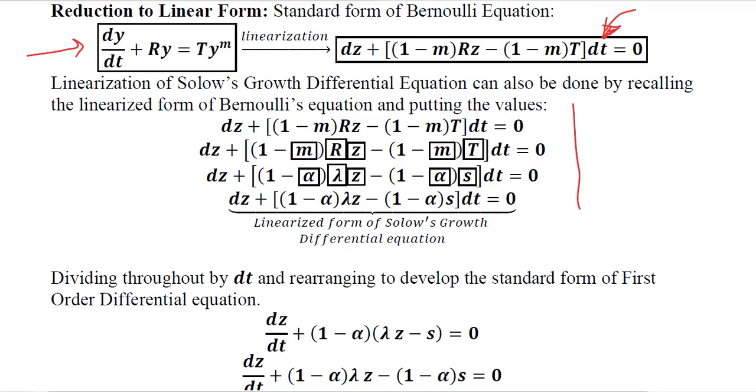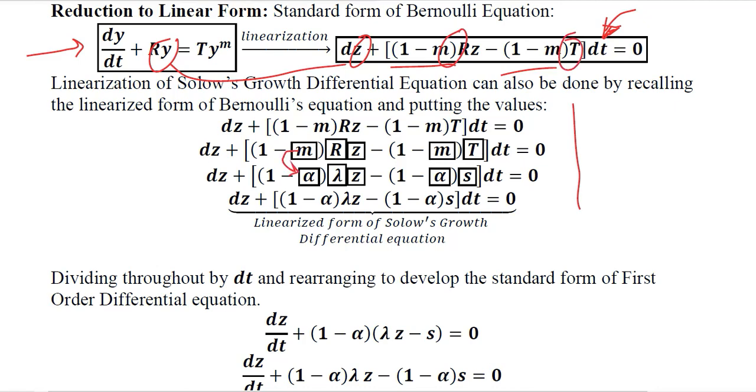We know that this is the standard way of writing the Bernoulli's equation, and what we can do is put the values. As you can see, instead of y we have now z, and instead of 1 minus m and 1 minus m here, and this r and t, we are substituting values.